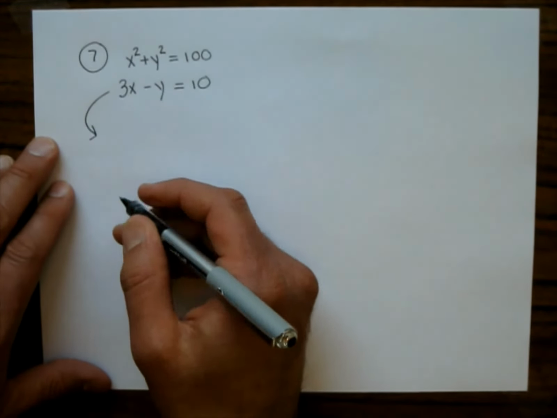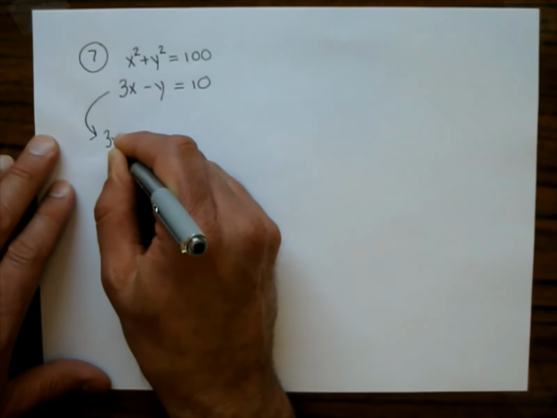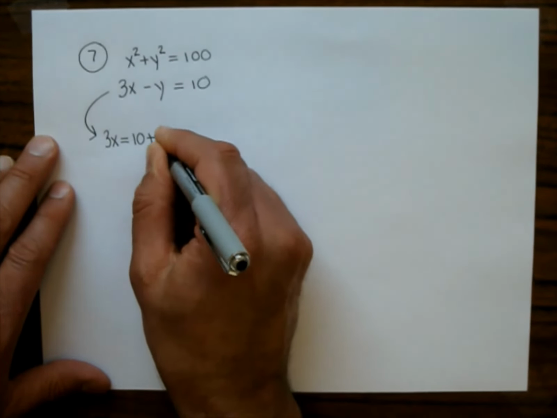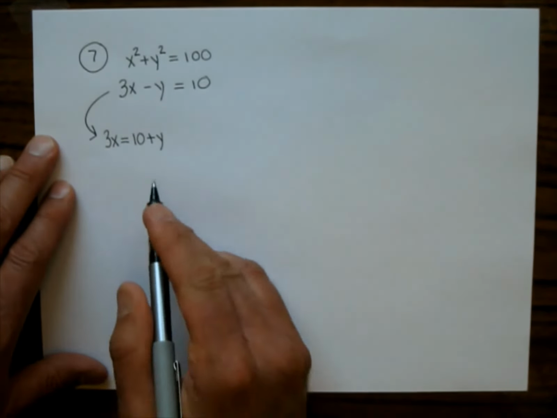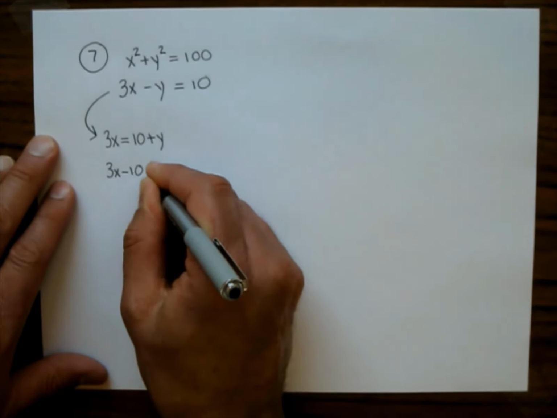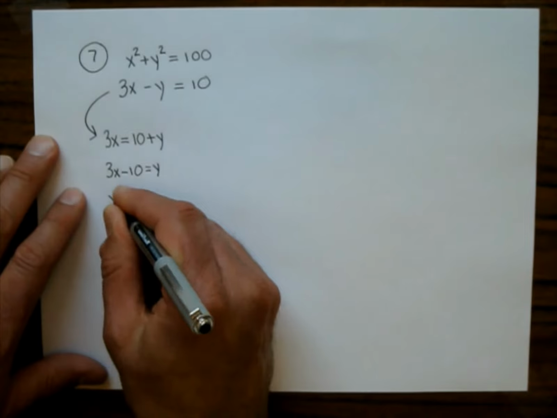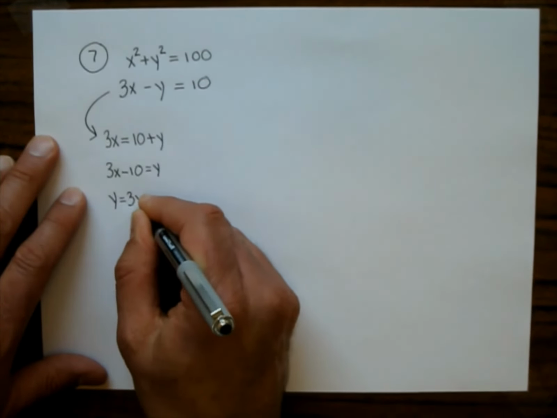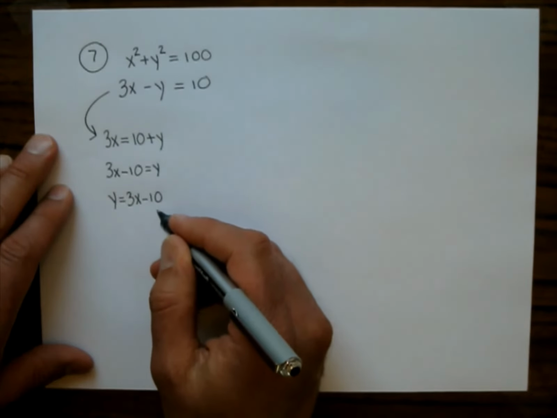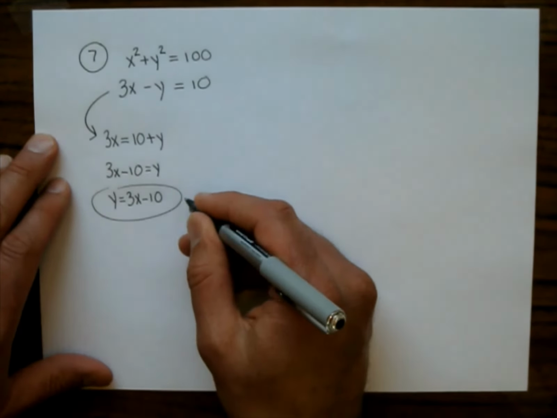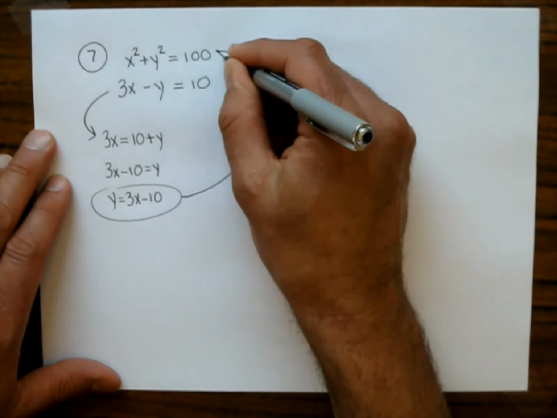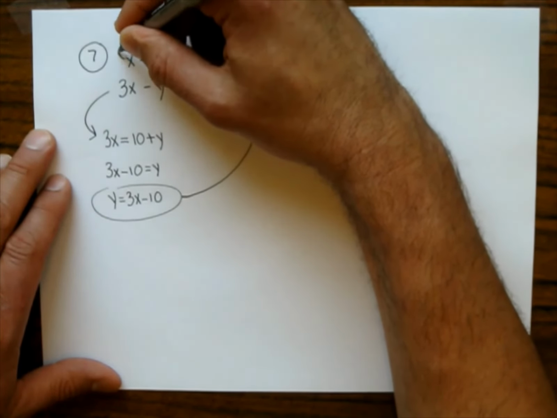So I'm going to go 3x equals 10 plus y, and so 3x minus 10 equals y. Y equals 3x minus 10. So I've just solved for y. What am I going to do with that? I'm going to plug it into the other equation.